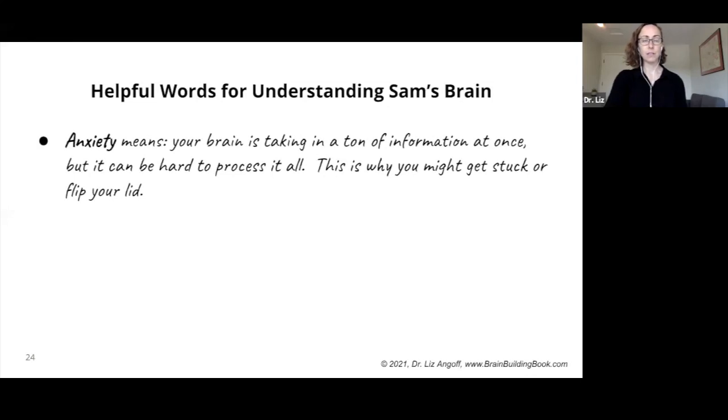And so this is the word that we shared. Anxiety means your brain's taking in a lot of information at once. And in our conversation, that included realizing when friends were having a hard time and picking up on when things were kind of out of sorts, but that it can be hard to process it all. And this is when you might get stuck or flip your lid.